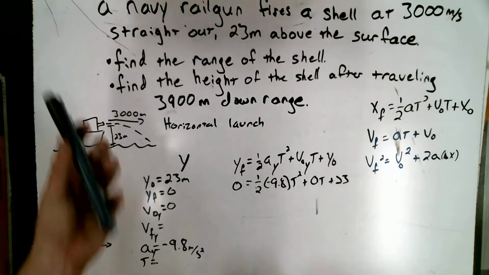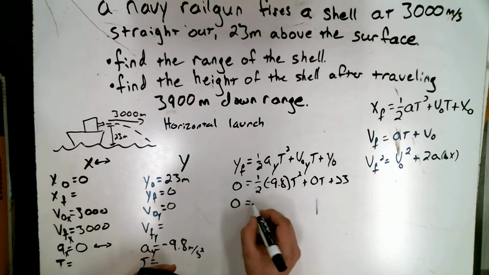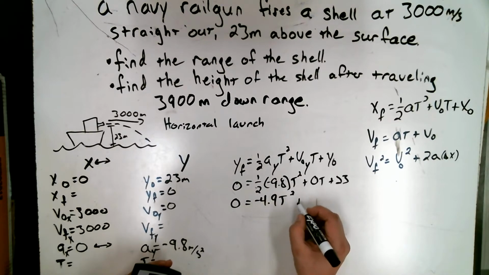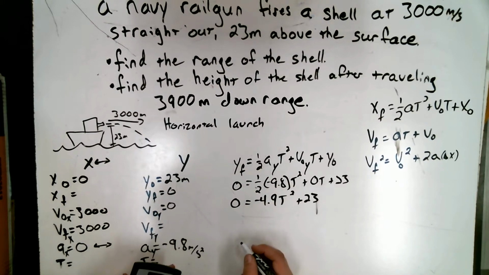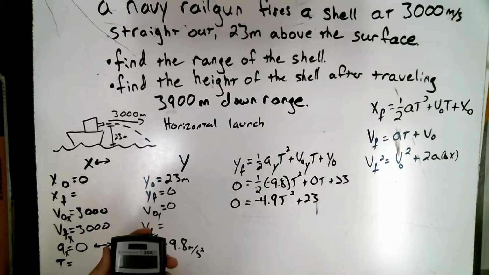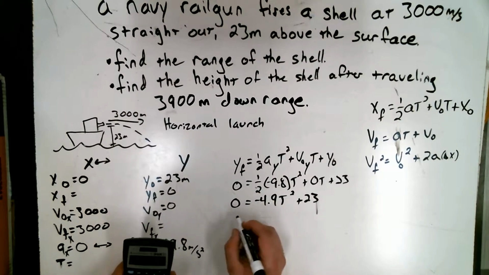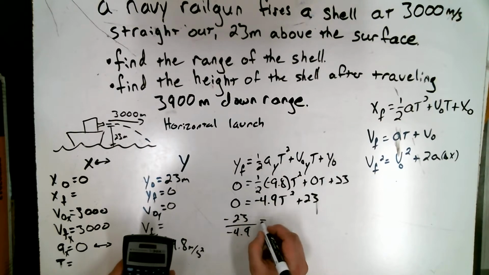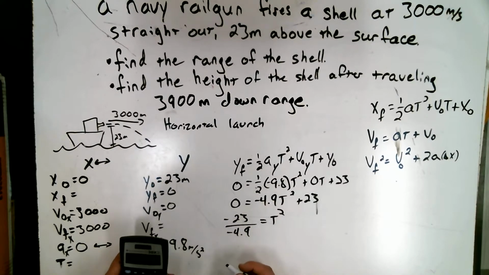So 0 equals negative 4.9 t squared plus 23. So this gets me negative 23 divided by negative 4.9 equals t squared.